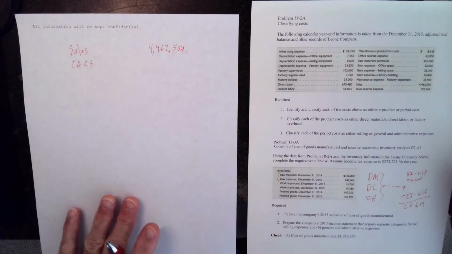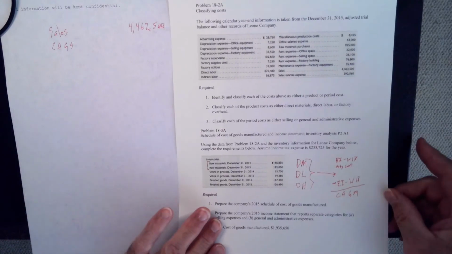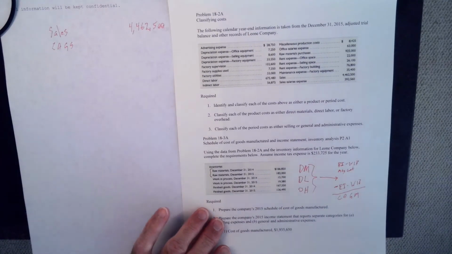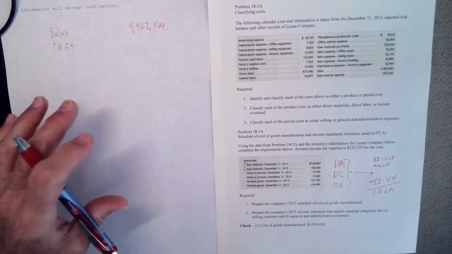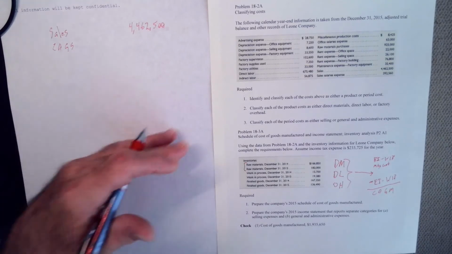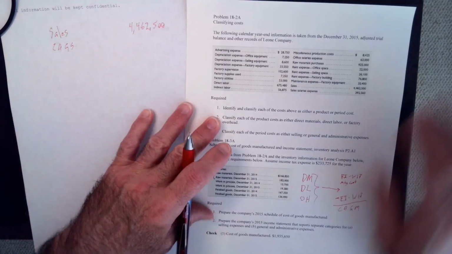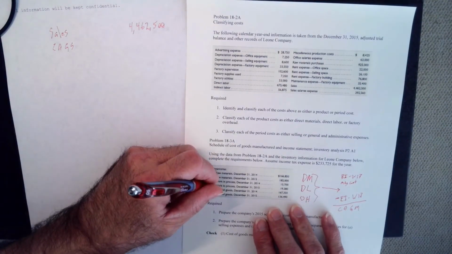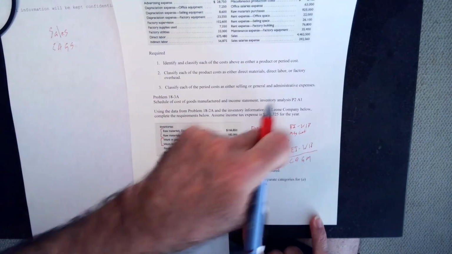Now, with cost of goods sold, what I have to do is figure out my finished goods inventory, because whatever I come up with, the ending number for finished goods inventory, that becomes cost of goods sold. So finished goods inventory, and I've already done work in process, so I'm going to bracket that. Finished goods is going to wind up being a similar type of formula.